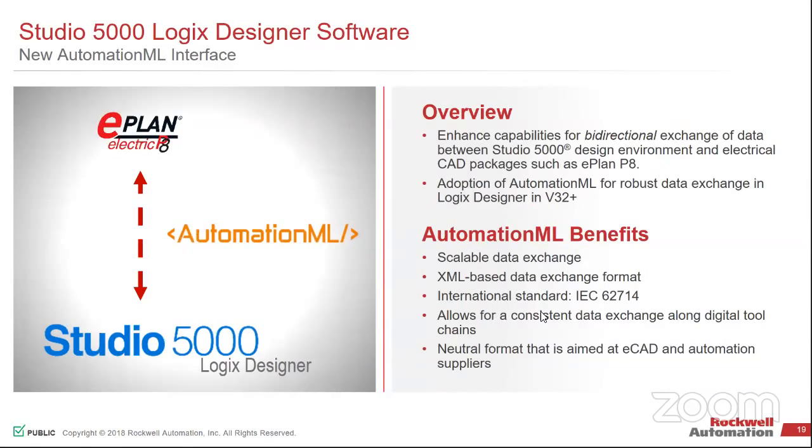It's very popular in Europe, not so popular here. ePlan supports AutomationML, so essentially you can exchange data through XML between the two. You can take a project in Logic Designer and import it into ePlan, and then all the hardware configuration will show up in a CAD type environment. So that's kind of where we're headed with this.